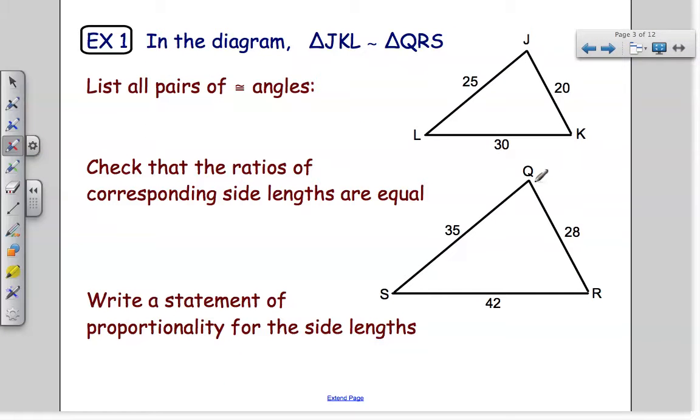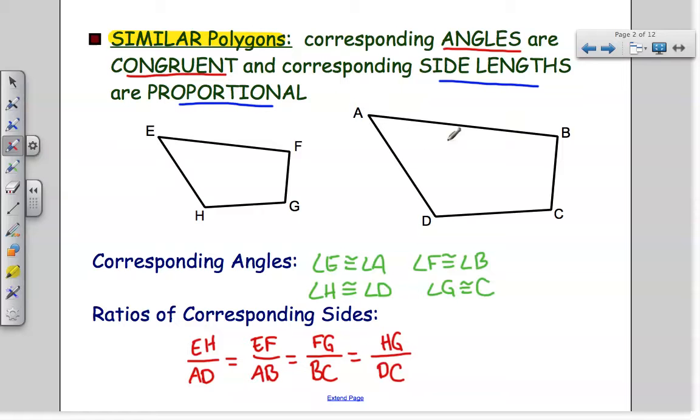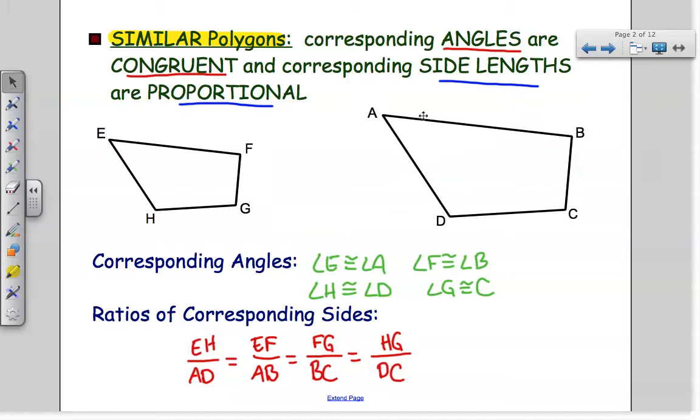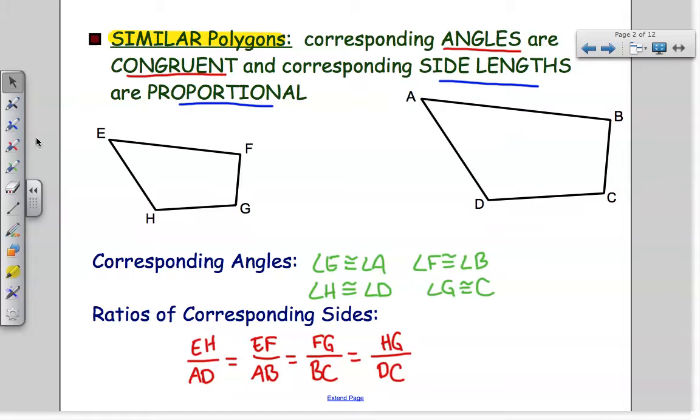Look at an example here. Oh my goodness, I forgot to give you the symbol for similar back here. If I wanted to say that these two shapes are similar, list the vertices in the correct order. So I could say EFGH, this polygon, and I went around this way. EFGH is similar to, now similar is just that tilde, that little squiggle. Okay, remember how congruent you have an equal sign with the tilde over it?